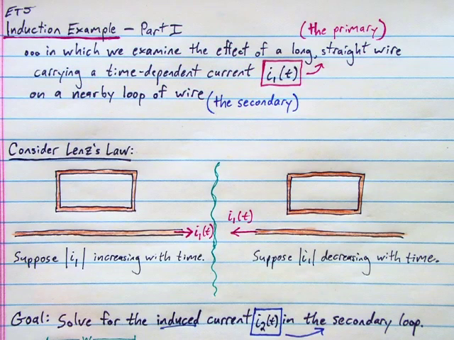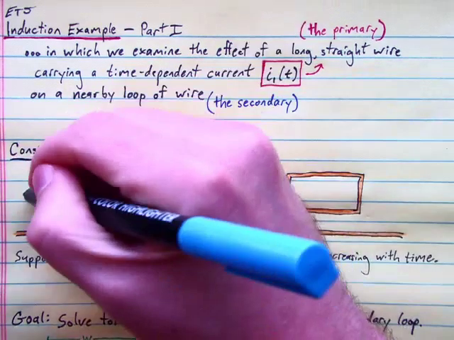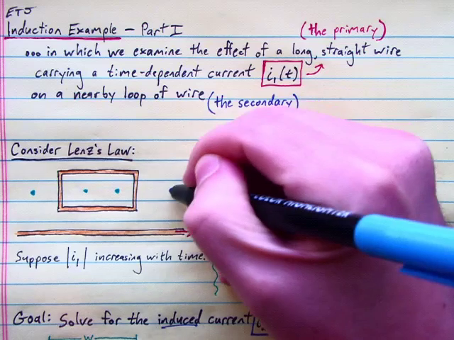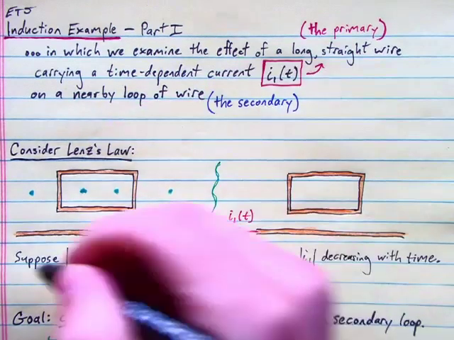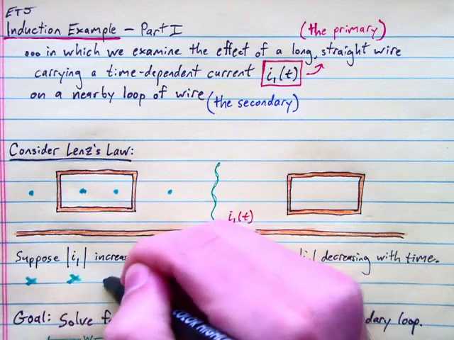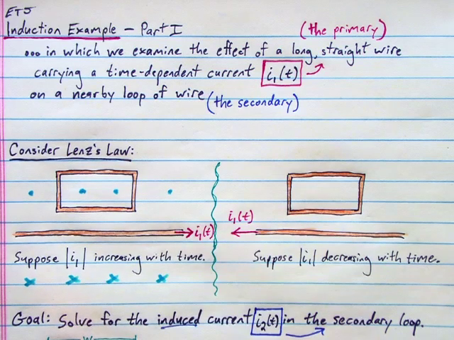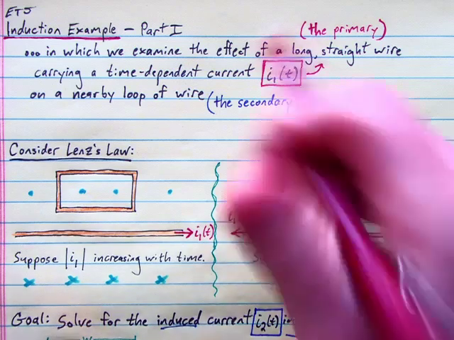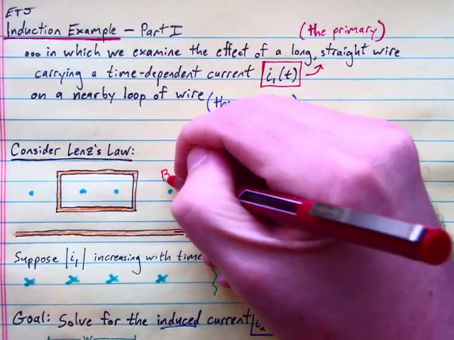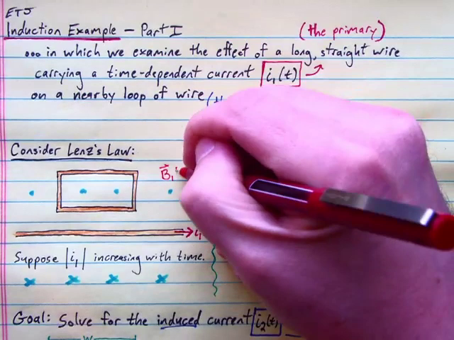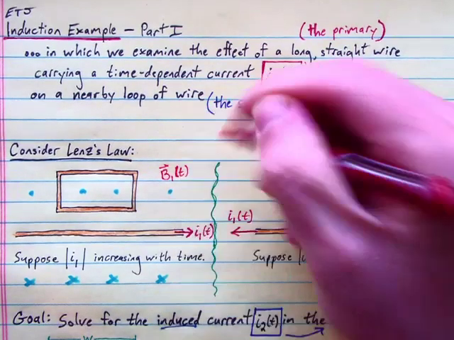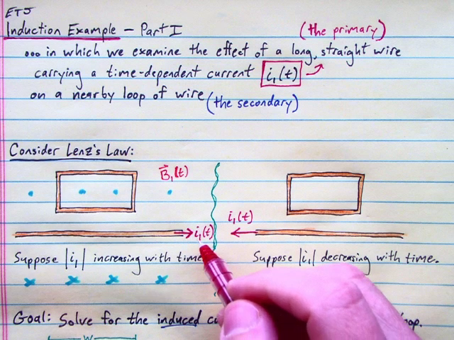So let's show that B field up above and down below. That'll be B1, which will be a function of time since it's being generated by this current that is a function of time.